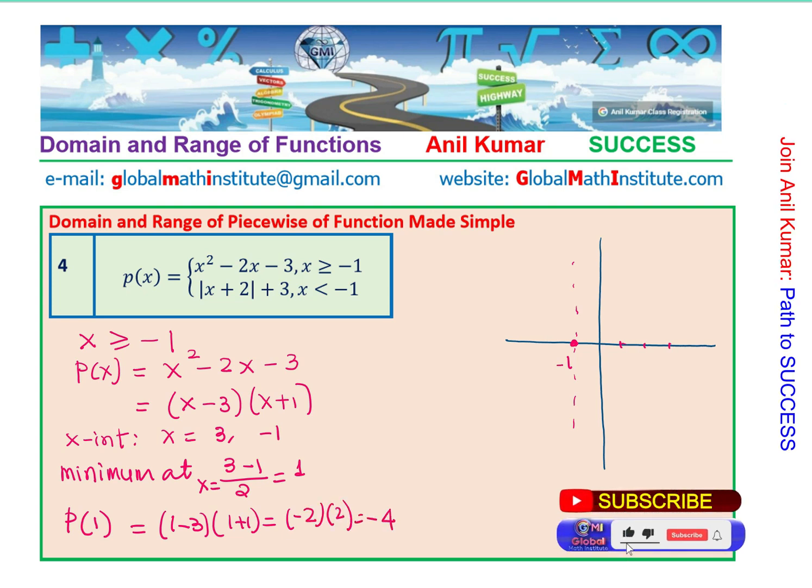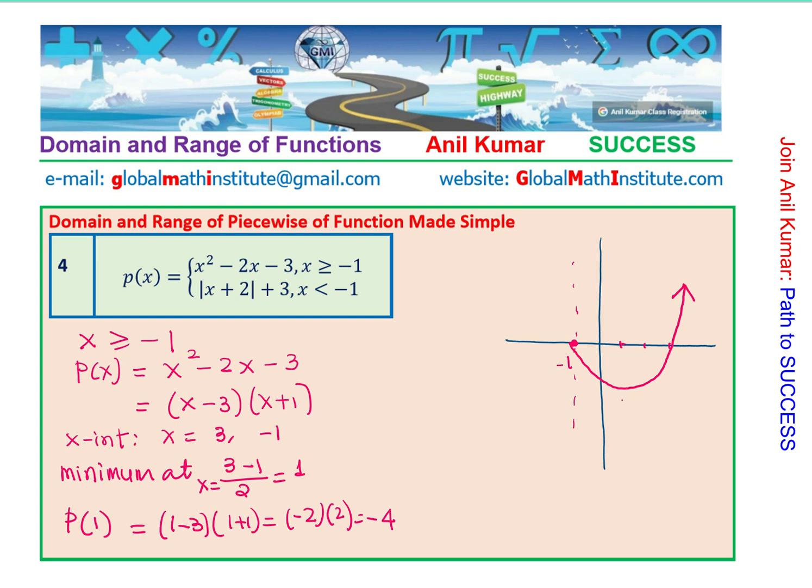Correct? So at 1 we have a minimum value of minus 4. So we can actually graph this as kind of like this. Make sense? So this point is our minimum, which is (1, minus 4), and these are the x-intercepts at minus 1 and 3. So we get the right side of the graph.